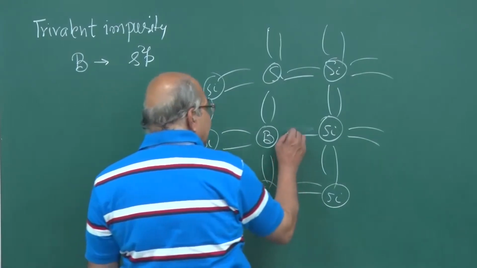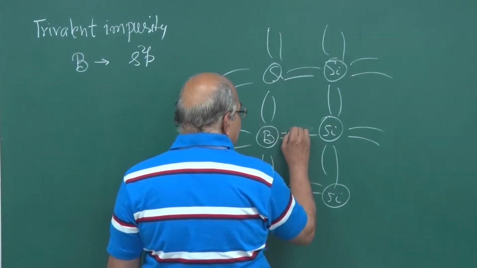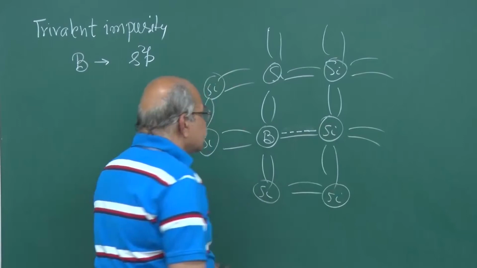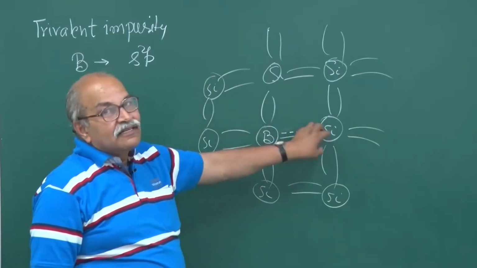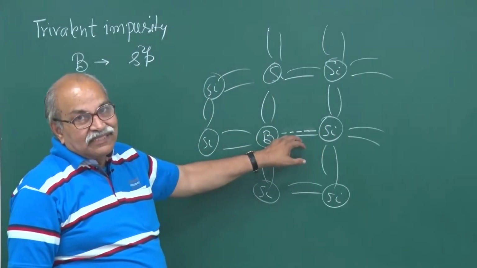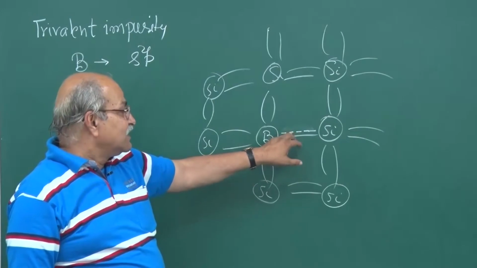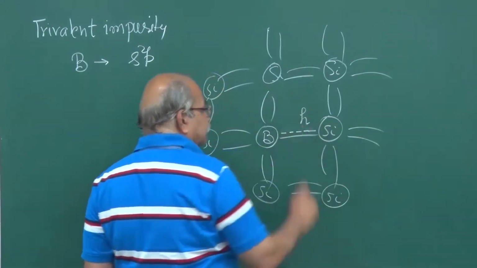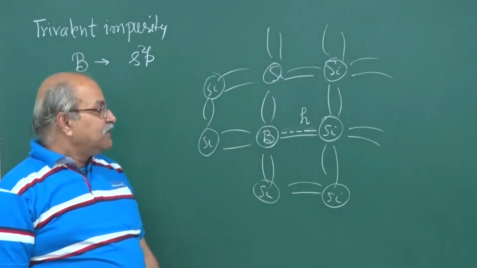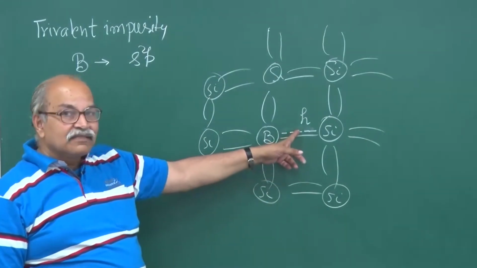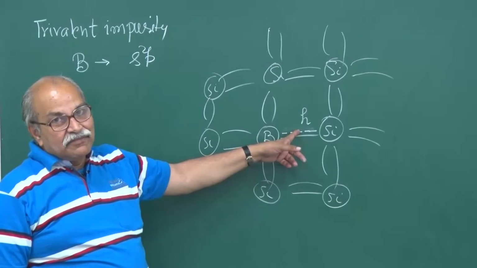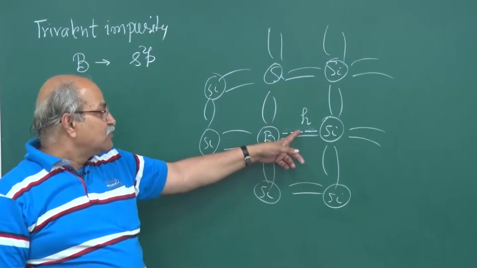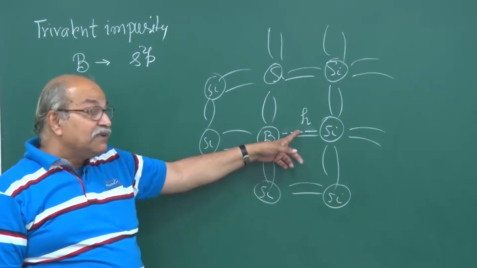So you have a broken bond, an empty quantum state here, and an electron can come here and complete this bond. So you have an empty quantum state, or in other words, a hole here. If an electron comes and sits here, this empty quantum state will get populated, or filled.